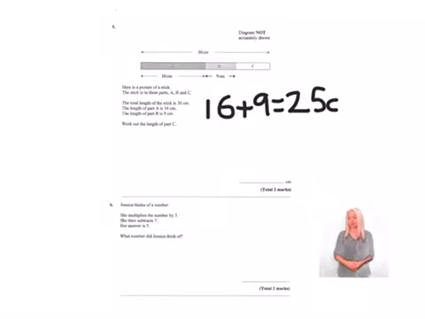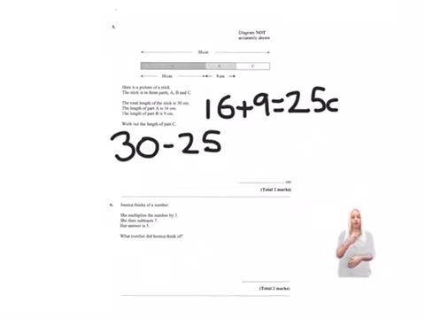So this entire length here, A and B, is 25 centimetres. If the whole stick is 30, then all I need to do is 30 take away 25 to give me 5 centimetres. So the answer is 5 centimetres.